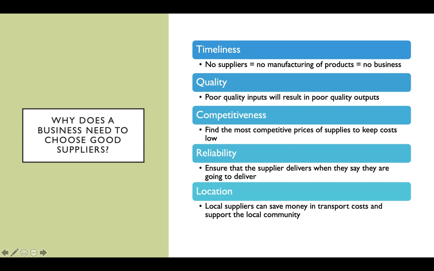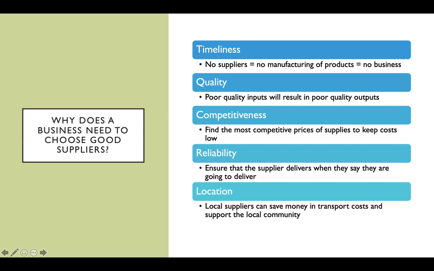Reliability. So this one delivers pretty closely to timeliness, but we need to know when our deliveries are going to come. We need to know that the delivery drivers are keeping our products safe. They're not just throwing them around, because if they aren't reliable, it may result in late delivery, which then links to the timeliness.